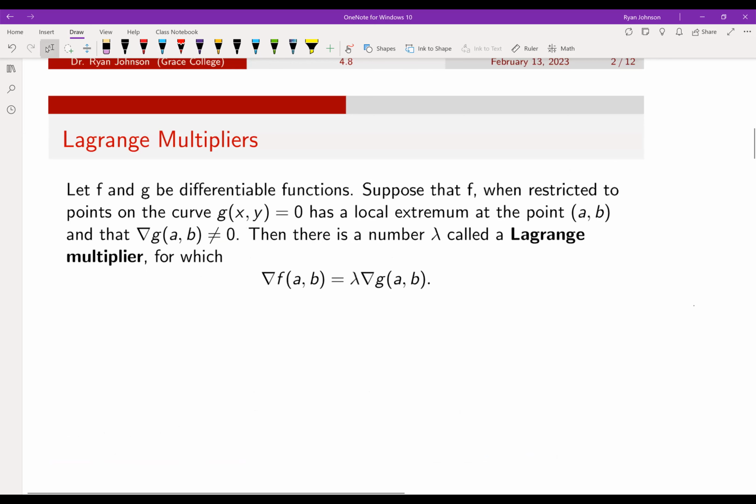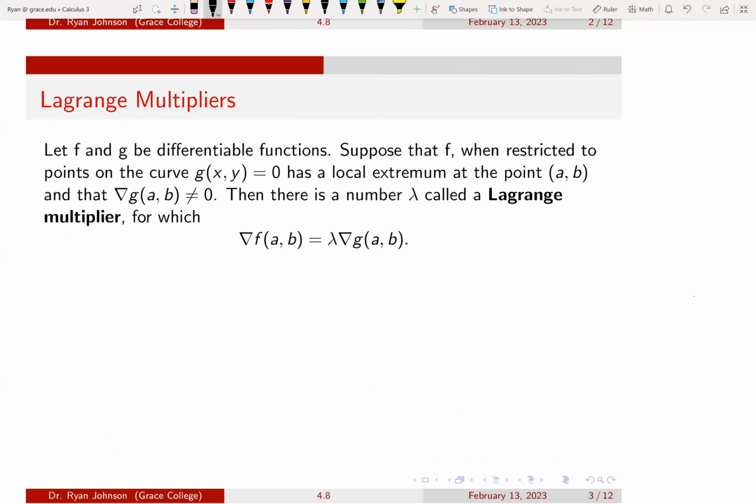So, this is our main thing that we're doing today. This is why we can do it. If we have two functions that are continuous and differentiable, and suppose that f, when restricted to points on the curve g(x,y) = 0, has a local extremum at the point (a,b). Your book uses x0 and y0.